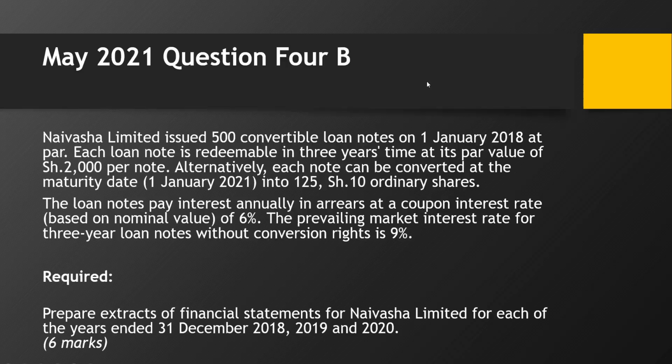So we have the financial liability at amortized cost. Pardon, the financial liability, not financial assets. So we prepare the amortized cost. Let's go back and look at the question again. We have 500 convertible loan notes, and each loan note is valued at 2,000 shillings.